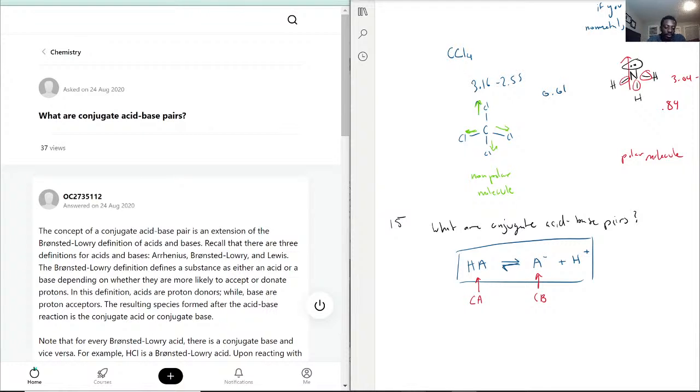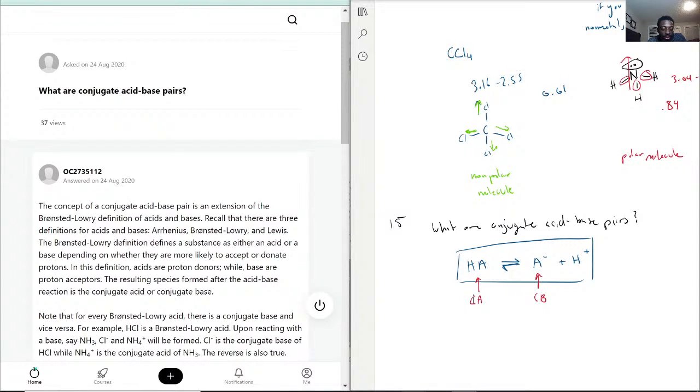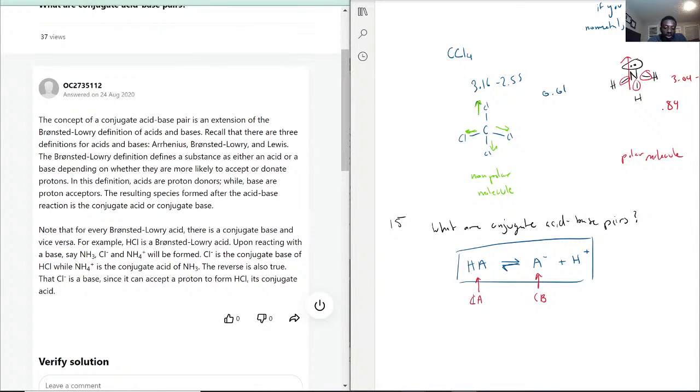So let's see what they say here in regards to it, just to make sure that we're on the right track at least. Talk more about the Bronsted-Lowry acids and bases in terms of giving the proton and taking the proton. If you look at this formula, when this acid goes over to the product side, you will see that it lost a proton.